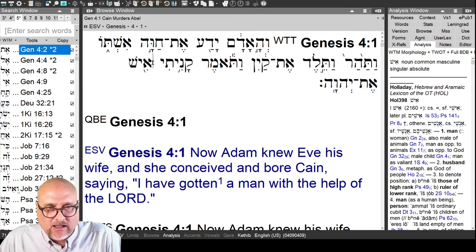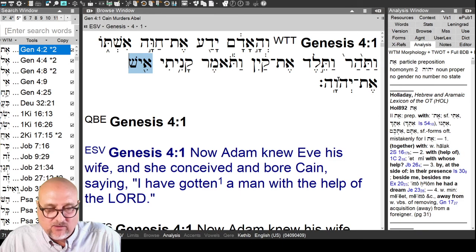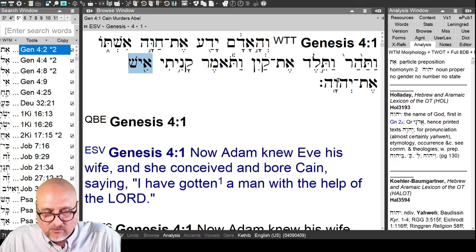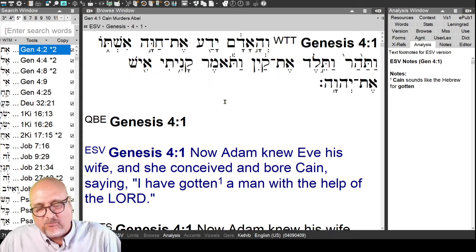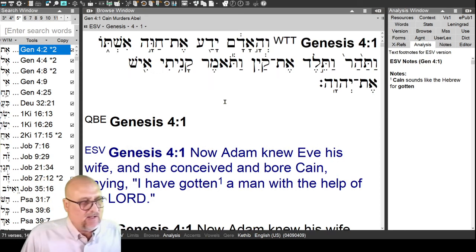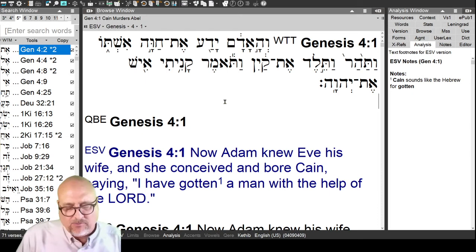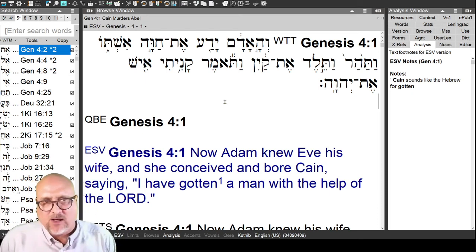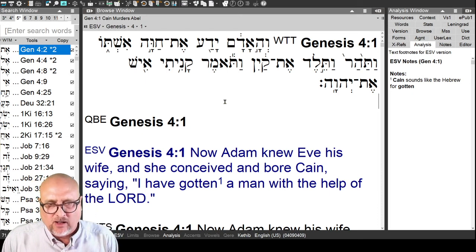And he's reading it as in opposition to this word man. I have gained a man. And who is that man? That man is the Lord. And you think, how in the world could you think that? But it's interesting. It's easy to see something like that in Hebrew. It's almost impossible to see that in Greek, in English.